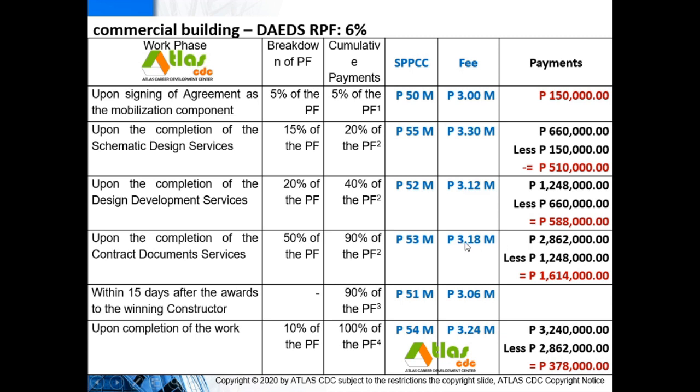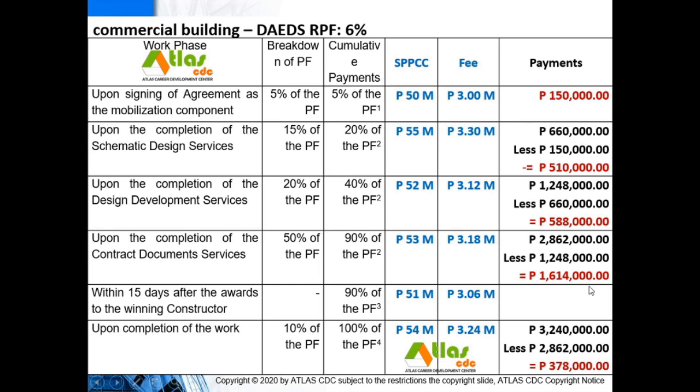This is your PF, and 90% of that is equivalent to 2,862,000. Then we deduct the previous payments. The total is 1,248,000, so your receivable is only 1,614,000.